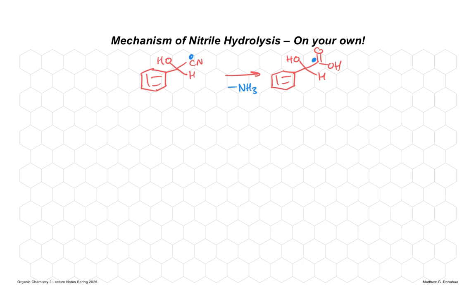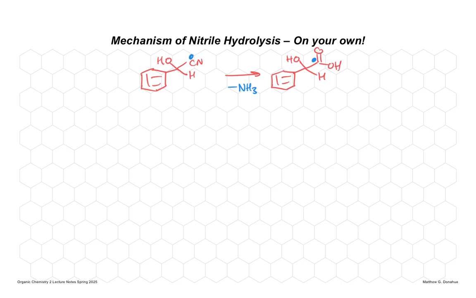It's initiated either under acidic or basic conditions, and really you're looking for proton transfers. The oxygen atoms come from water. So plug through that, see if you can figure it out. If you have questions, come see me during office hours and we can discuss it.